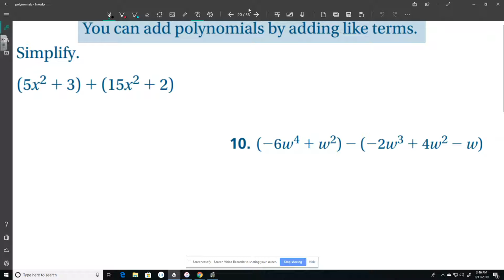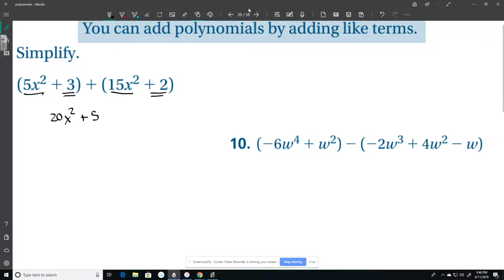Adding is great because 5x squared plus 3 plus 15x squared plus 2, we just look for the like terms. 5x squared, 15x squared, so that's 20x squared. And then plus 3 and plus 2 becomes plus 5. Some of you might remember this from 7th grade doing it that way. So 20x squared plus 5 is what I get when I add these together.